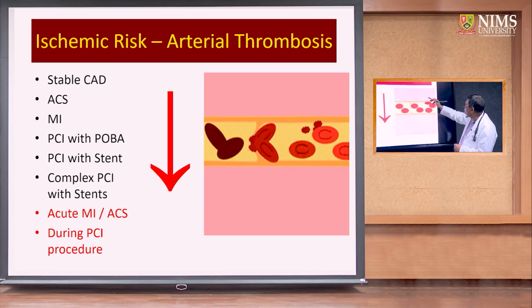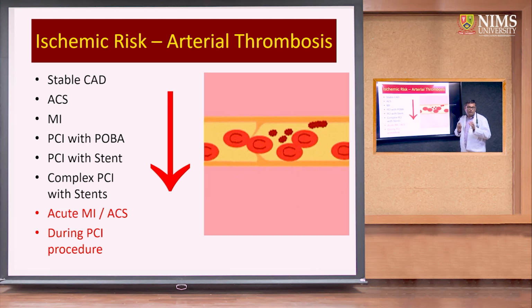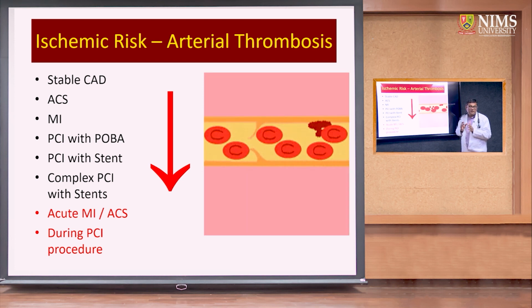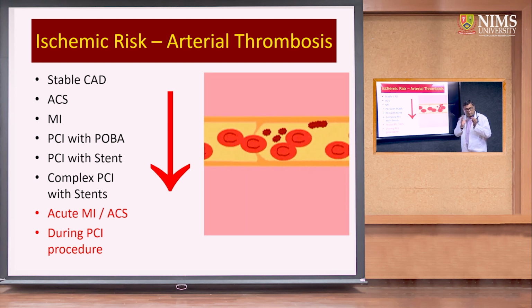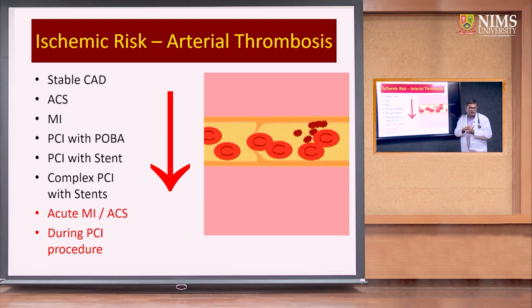Now, coming to ischemic risk, as I said, ischemic risk means arterial thrombus formation risk, arterial thrombosis risk. So, what are the situations where you have risk for arterial thrombosis? That is why when you identify those areas where there is risk of arterial thrombosis, you can use these anti-ischemic drugs.